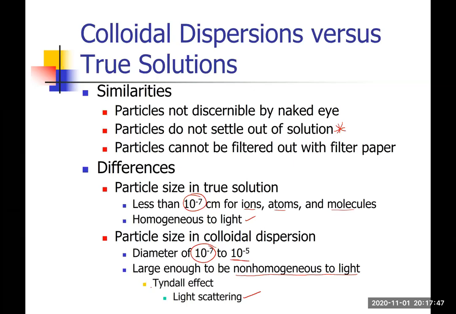This is called the Tyndall effect, because this scientist, Tyndall, is the one who derived the Tyndall test to determine whether you had a true solution or a colloidal dispersion. Remember, we can't tell by looking at them because they both have particles that cannot be discerned by the naked eye.